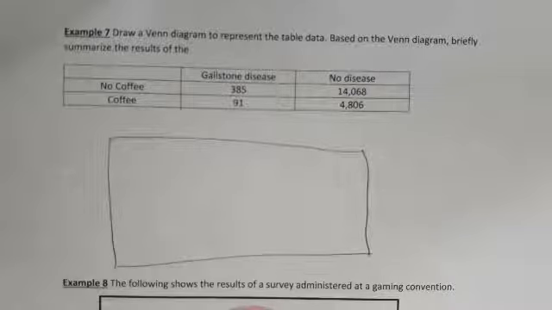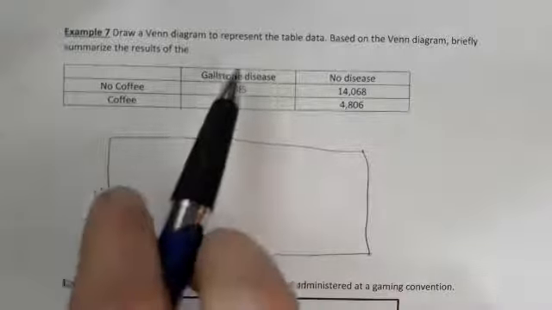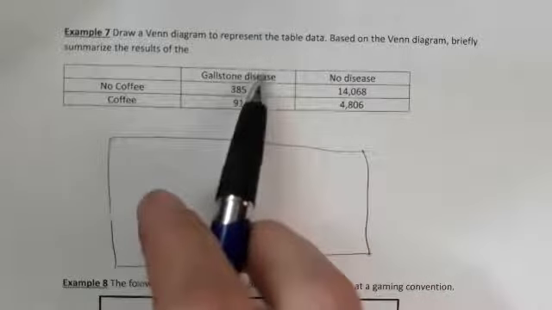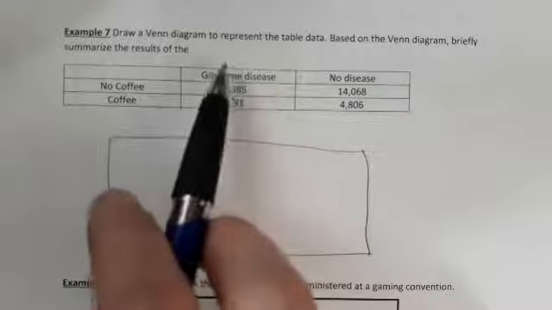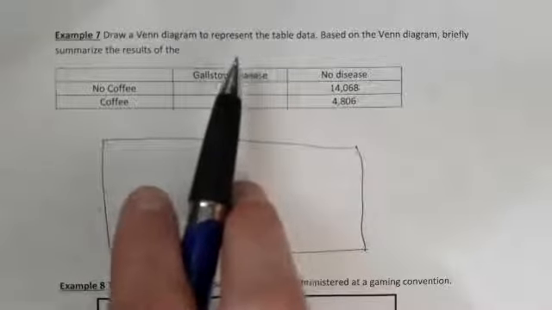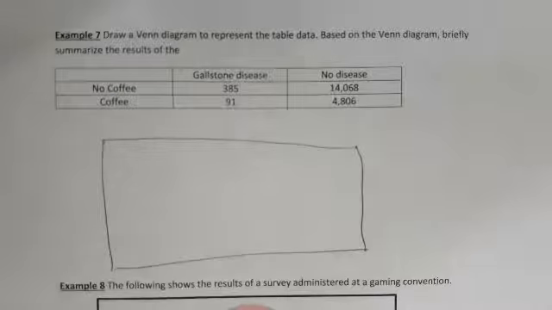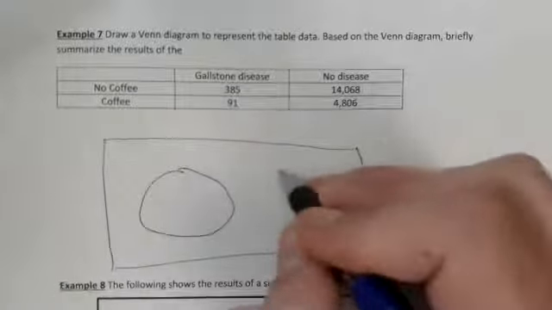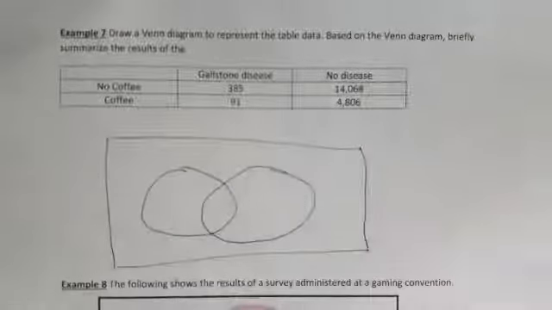We want to create two Venn diagrams. I think the first thing people will do is look across here and try to do this with these two sets. Don't do that. We want to create one for this, and one for this. One should be for your columns, and one should be for your rows, right? One Venn diagram is going to represent columns, and one of them is going to represent rows.